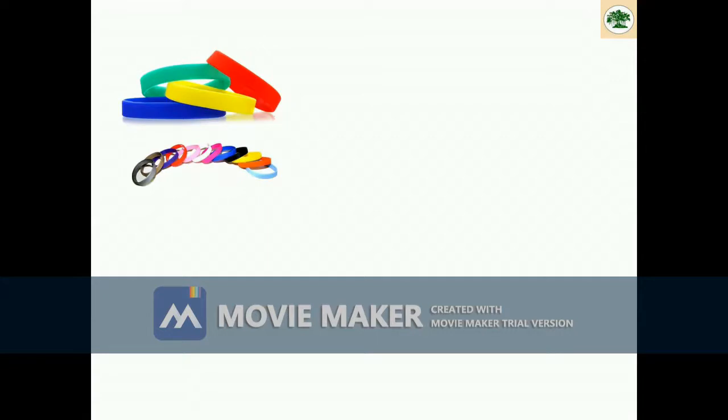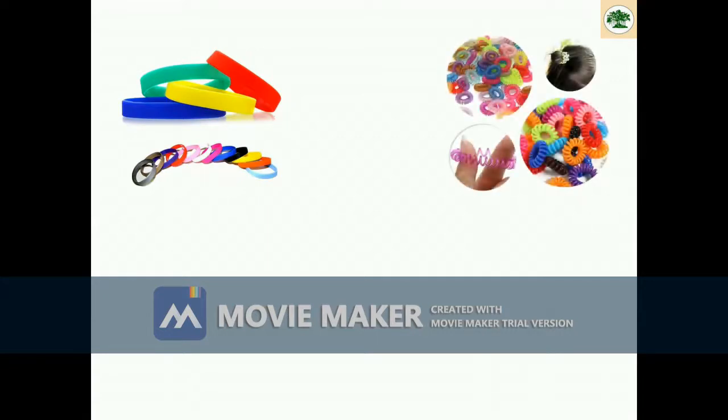Students, on the screen there are certain materials. I think you may have come across these materials. These materials are often used in daily life. Which are these materials?